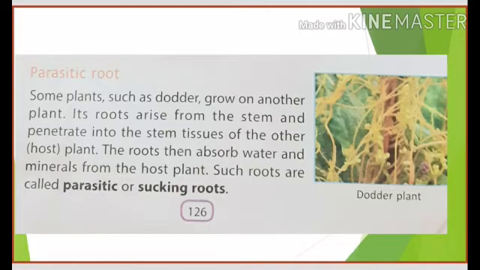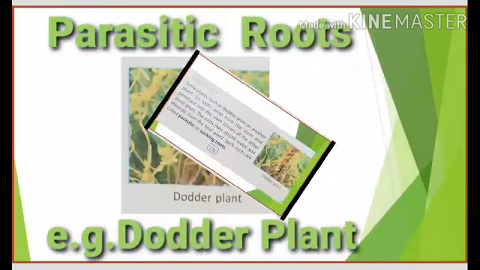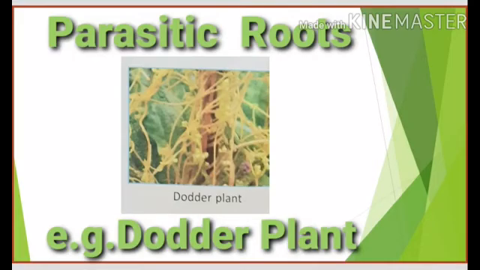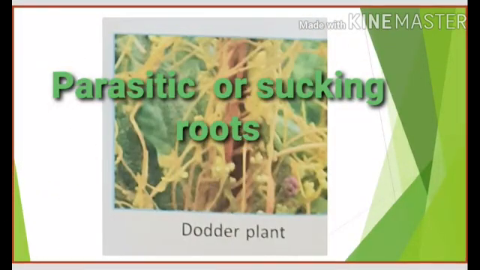What is the meaning of host plant? The plant on which this dodder lives is known as the host plant. The roots then absorb water and minerals from the host plant. Such roots are called parasitic or sucking roots because they suck water and minerals from the host plant.